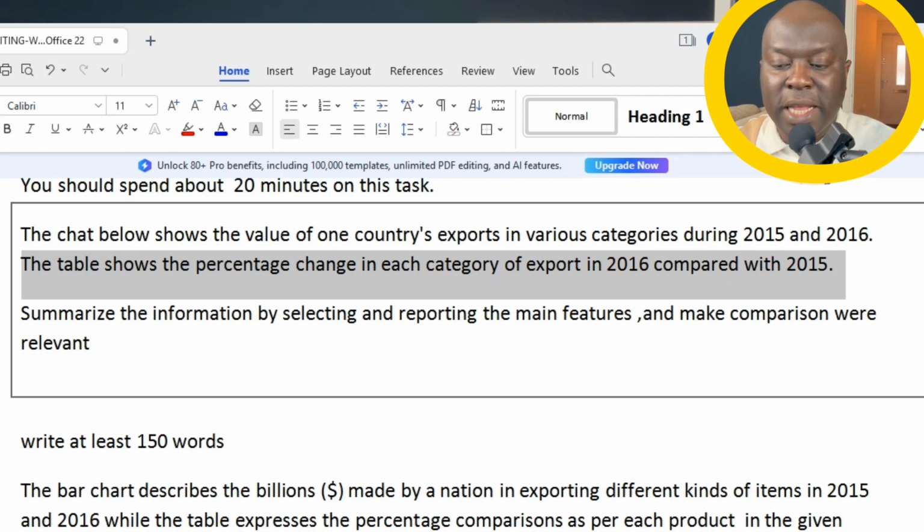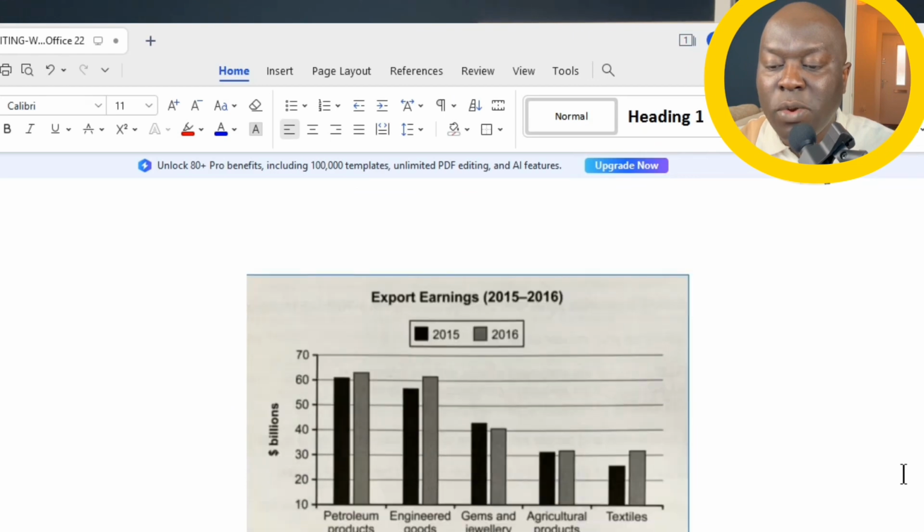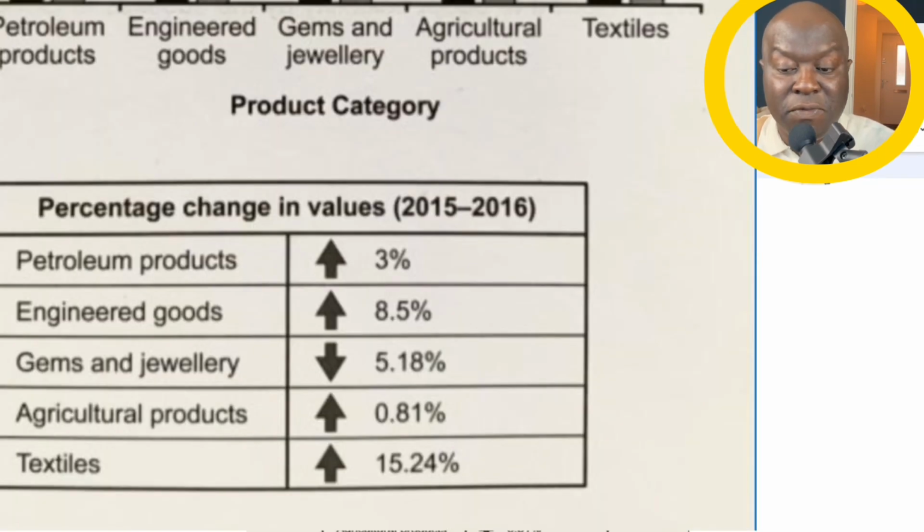If you look at the table, we have percentage change in values, 2015, 2016. It's telling us the comparison. When you compare what happened between these two years, for the petroleum product, it's 3% and so on. Everybody has its own comparisons.